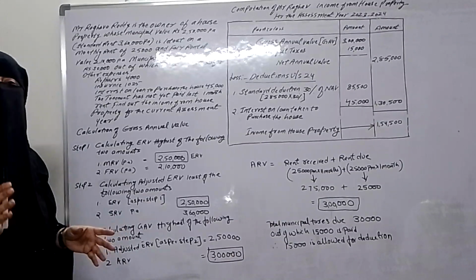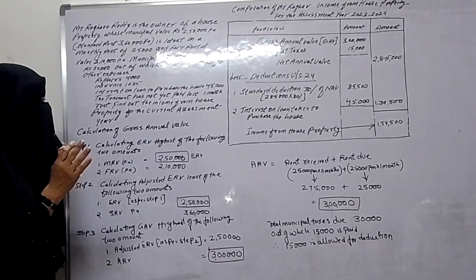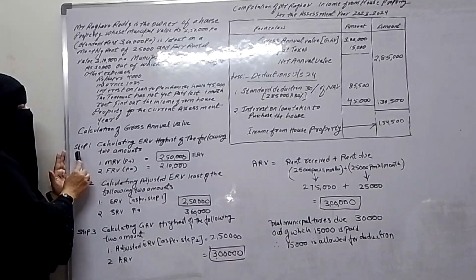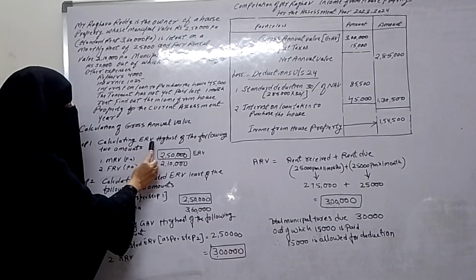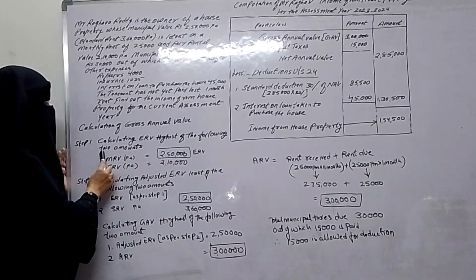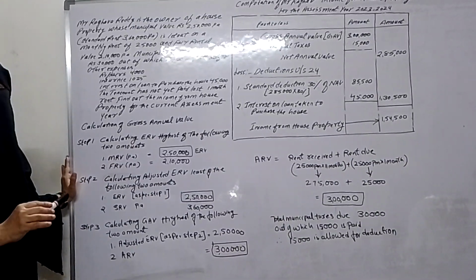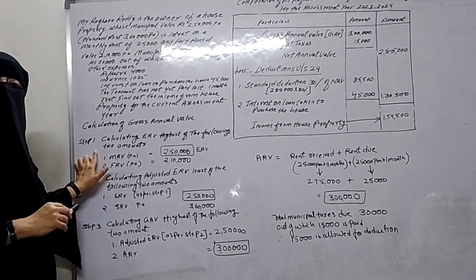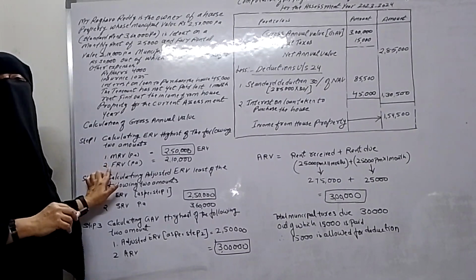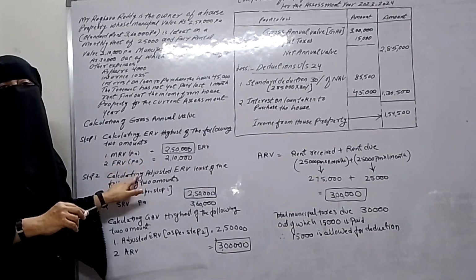For calculating the gross annual value, we have to do the workings. In the working part, first step, calculating ERV, expected rental value, the higher of the following two amounts. Number 1, municipal rental value, and number 2, fair rental value, MRV, FRV, and both should be per annum.